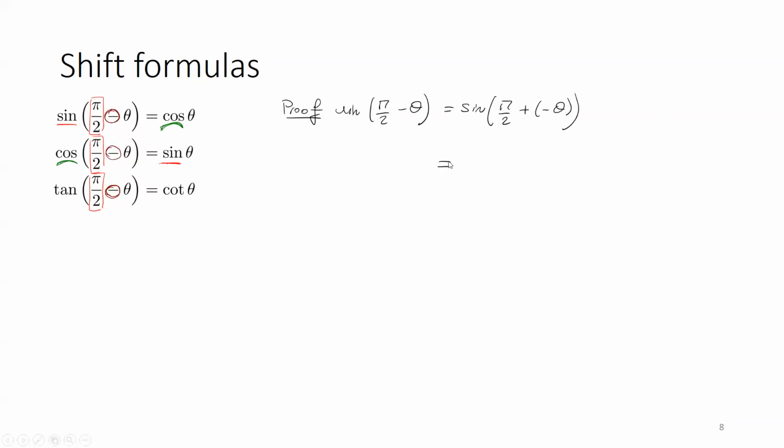So this is cosine of minus theta. And now cosine of minus theta is cosine theta because of the even/odd formulas.